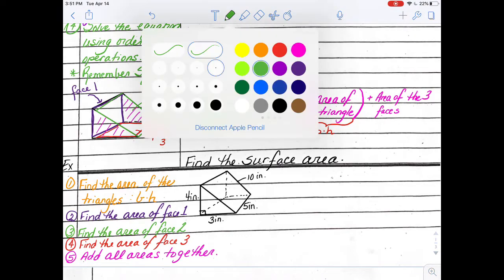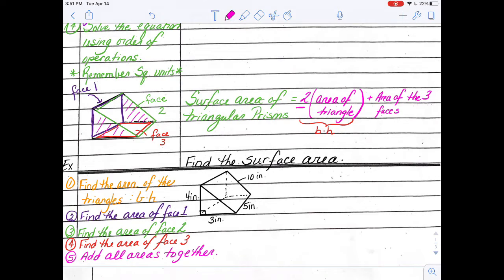And remember, when you're finding the area of a triangle, it's 1/2 the base times the height. But you don't have one triangle, you have two. And 2 times 1/2 is 1, so you really just need to do the base times the height of one triangle, and then find the area of the other 3 faces.